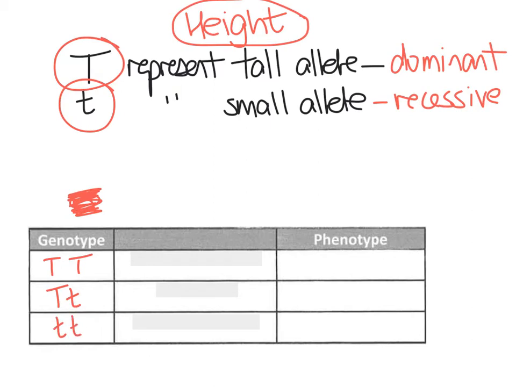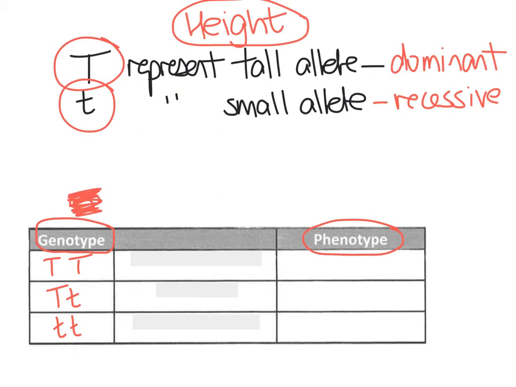Okay, the alleles that an organism has is described as its genotype. So think genetics, genes. Genotype is the alleles that the organism has. The phenotype, we said earlier, was the outward expression, so in this case, the actual characteristic.